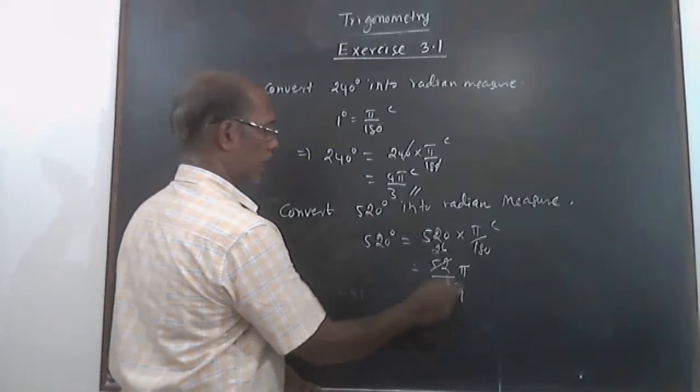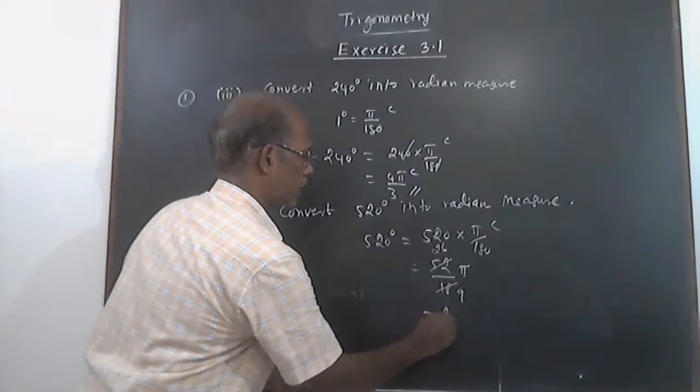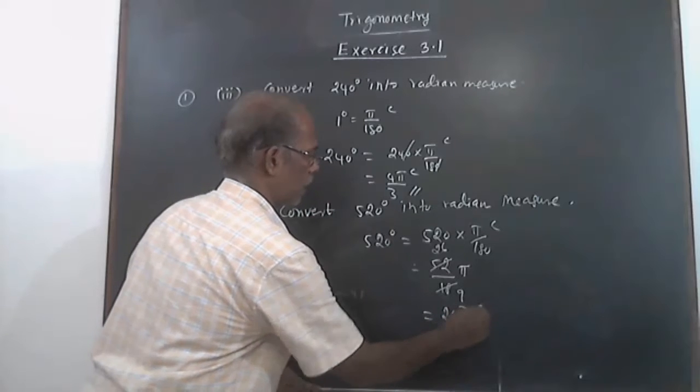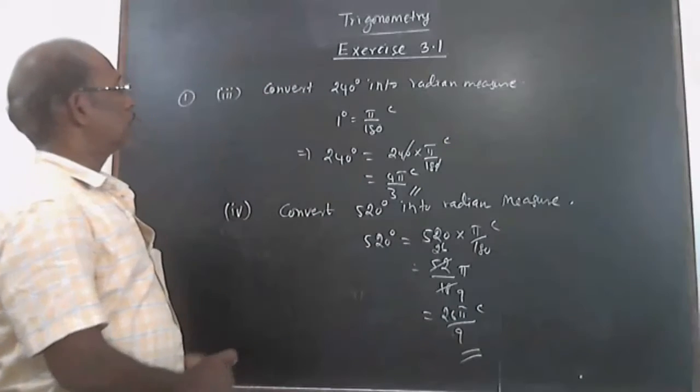Then 26 and 9 will not go further, so the answer is 26 pi by 9 radian. Go through it. We'll go to the next question.